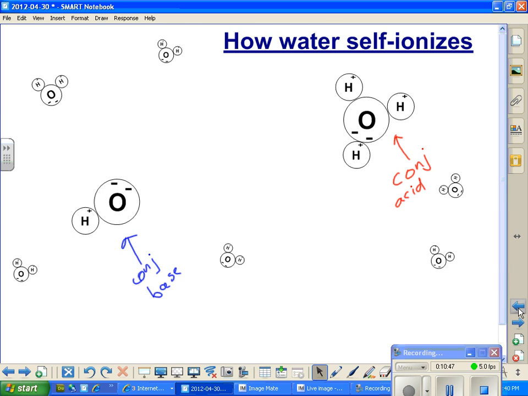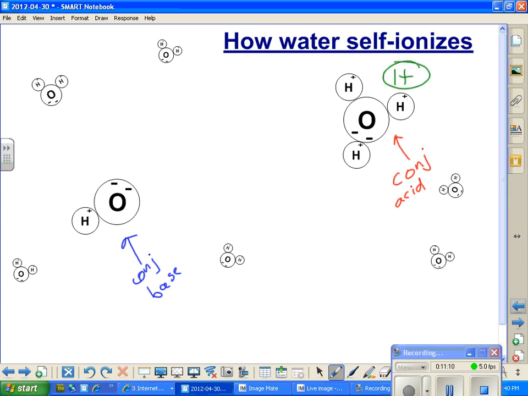Now let's look at the charges. Let's add them up. How many pluses do we have here? Choral response? How many pluses? 3. How many minuses? 2. 3 minus 2 is? 1. And so the overall charge here is 1 plus.